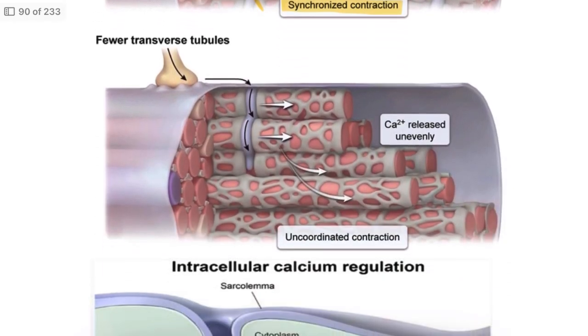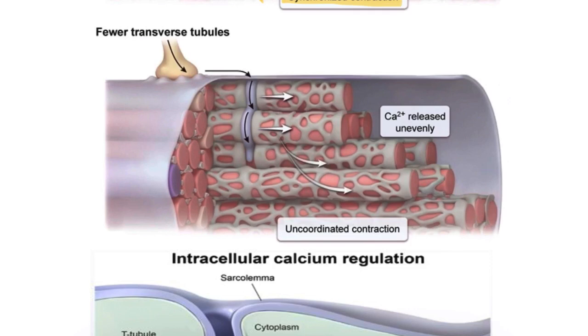Next, you can see here fewer transverse tubules. Fewer transverse tubules means it's like a pathology of uncoordinated contraction. So now let's compare that to what happens when there are fewer transverse tubules, with a reduced number of T tubules. The electrical signals fail to reach all areas of a muscle fiber simultaneously.